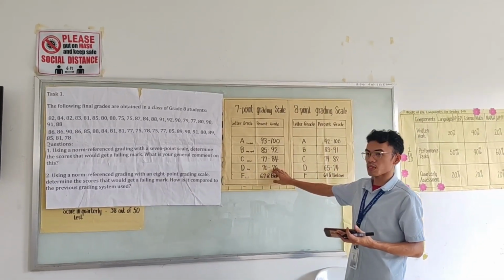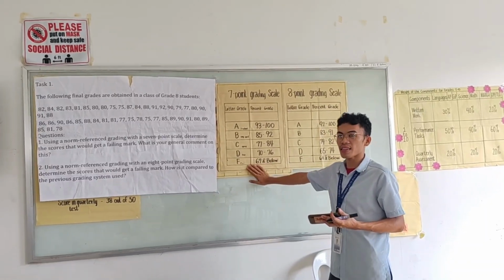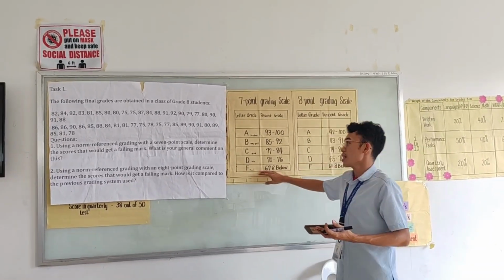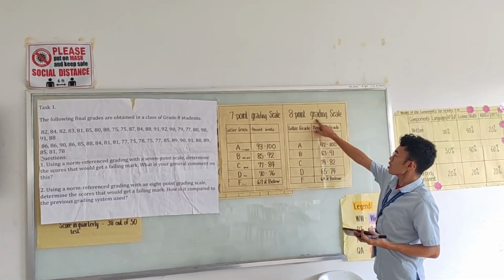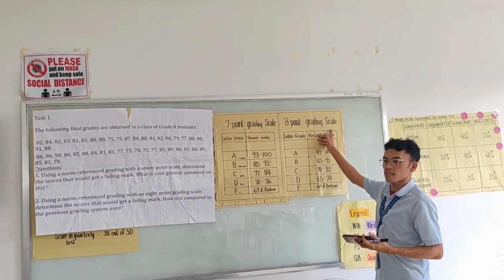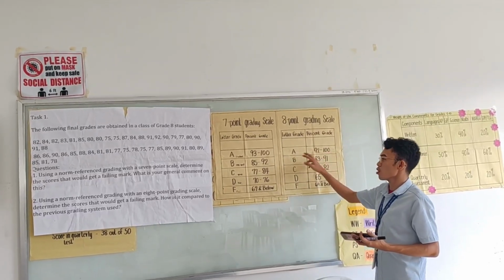And if you got an F, your grade is 69 and below, which means you failed the subject.